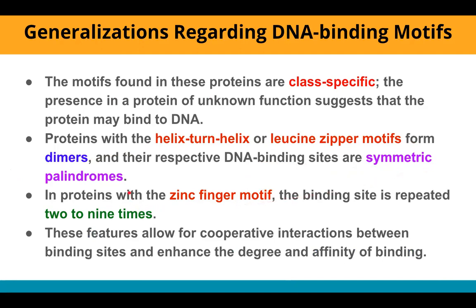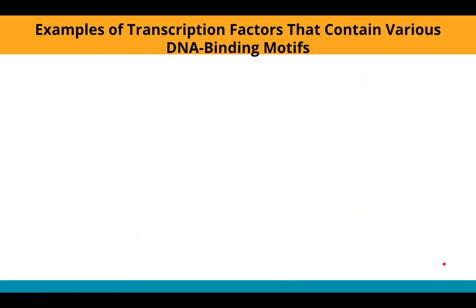Meaning, if you read the binding sites in reverse, they are palindromes, usually mirror images. In proteins with a zinc finger motif, the binding site is repeated 2 to 9 times. And these features allow for cooperative interaction between binding sites and enhance the degree of affinity and binding.